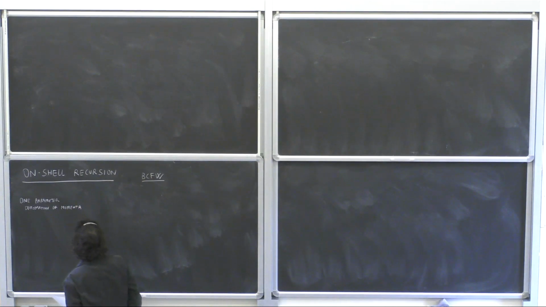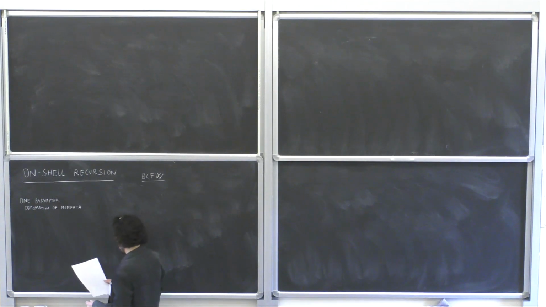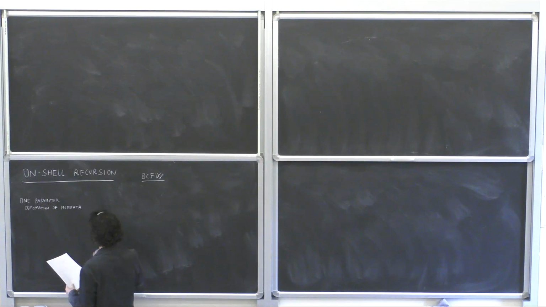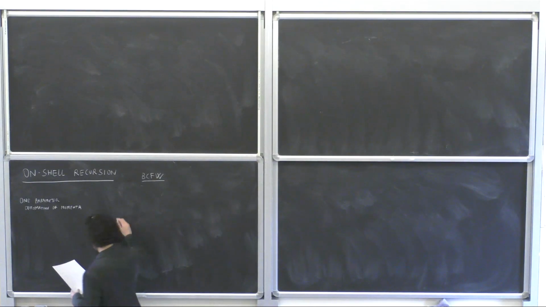Even if we claim that momenta are complex, doing analysis of multiple complex variables can be complicated. So in many situations, what we want to consider is a one-parameter deformation with a complex parameter, and then we have a function of one complex variable.